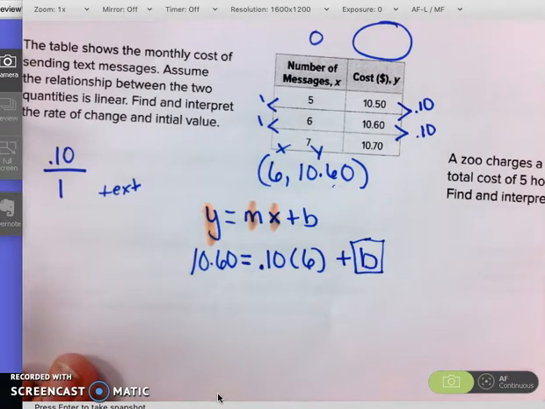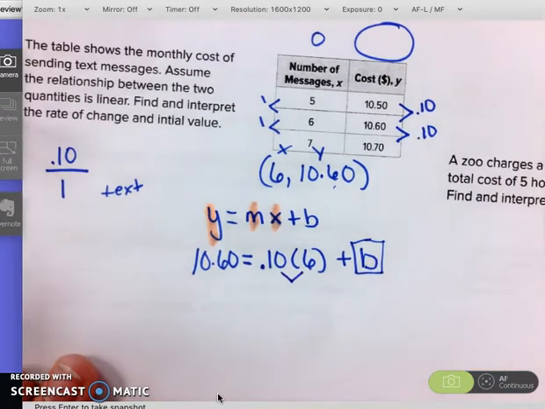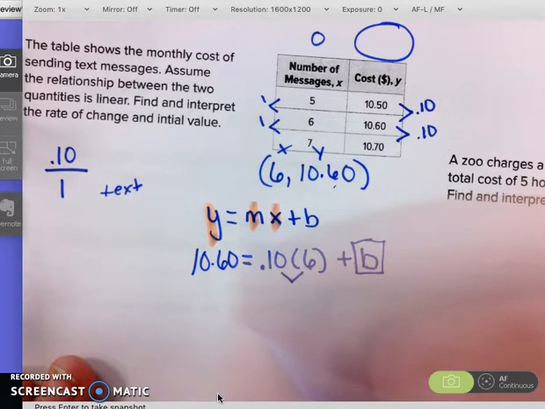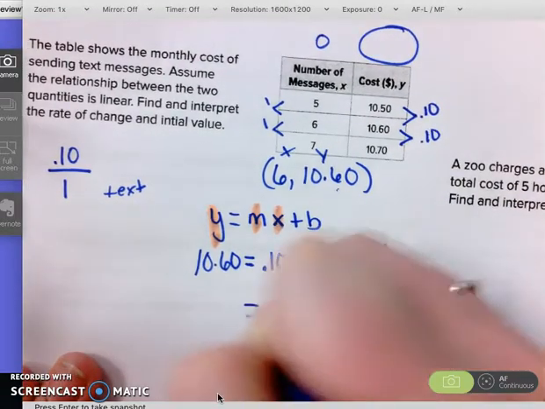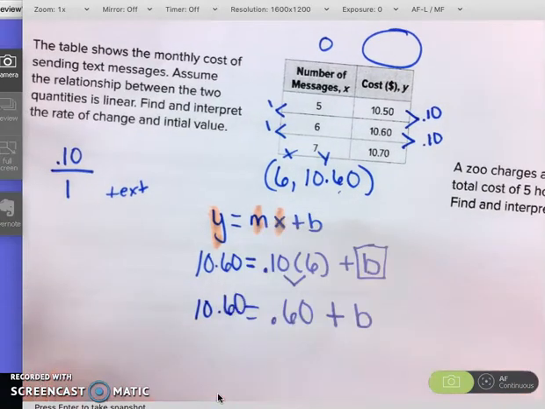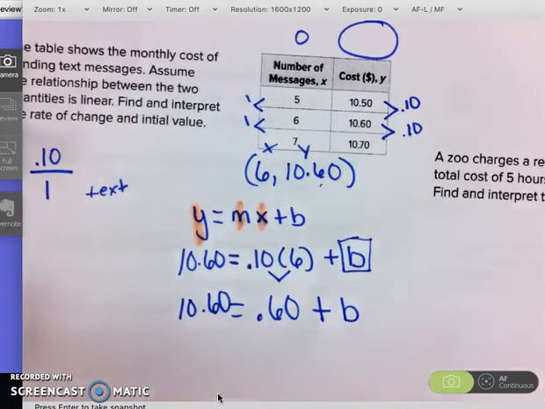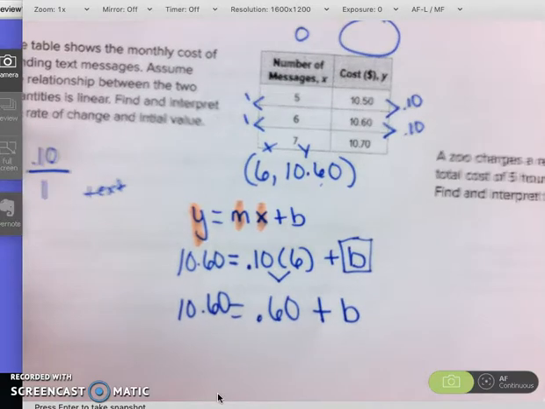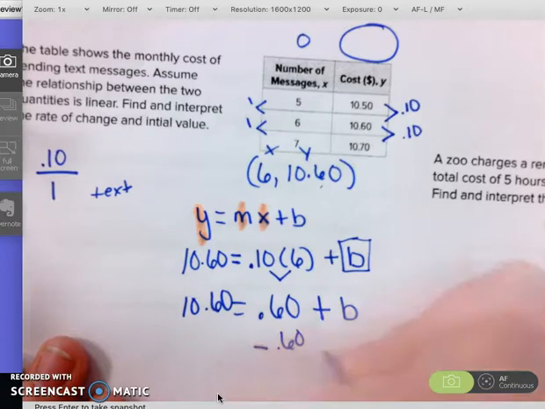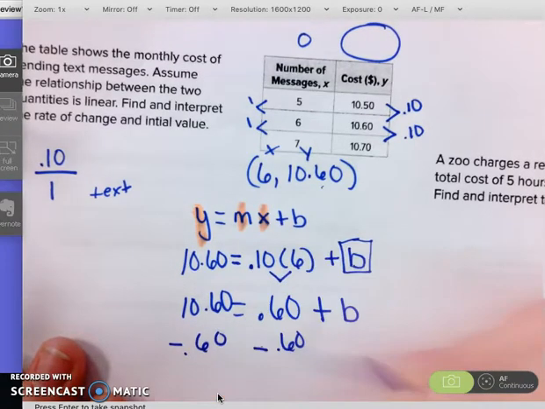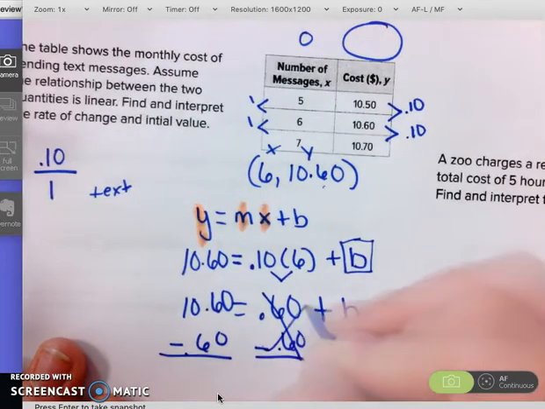So order of operations says I have to multiply these two numbers first. 10 cents times 6 is 60 cents. Plus what number will get me $10.60. Now you can usually do this math in your head, but you should know that you're subtracting 60 cents from both sides. This will cancel out.